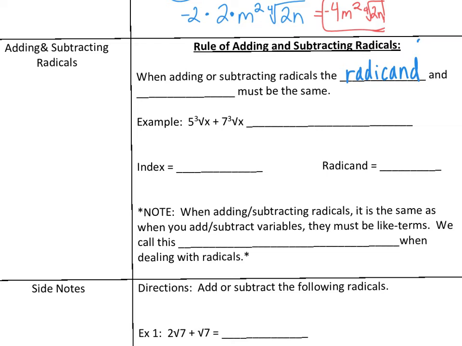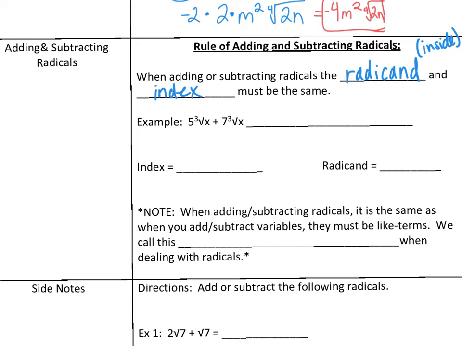So if you need to write inside over here, just so you know, but that's what that means. The radicand and the index, what's the index? The root, right? So if it's a square root, the index would be 2. Okay, so when adding or subtracting radicals, the radicand and the index must be the same.